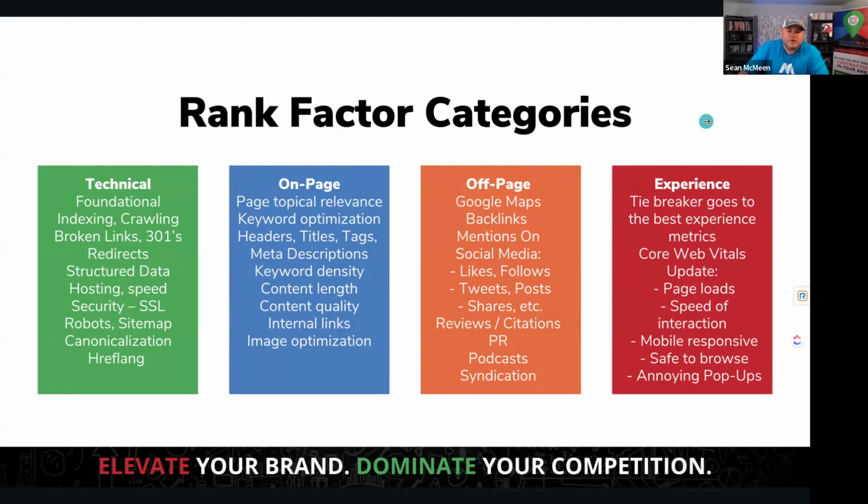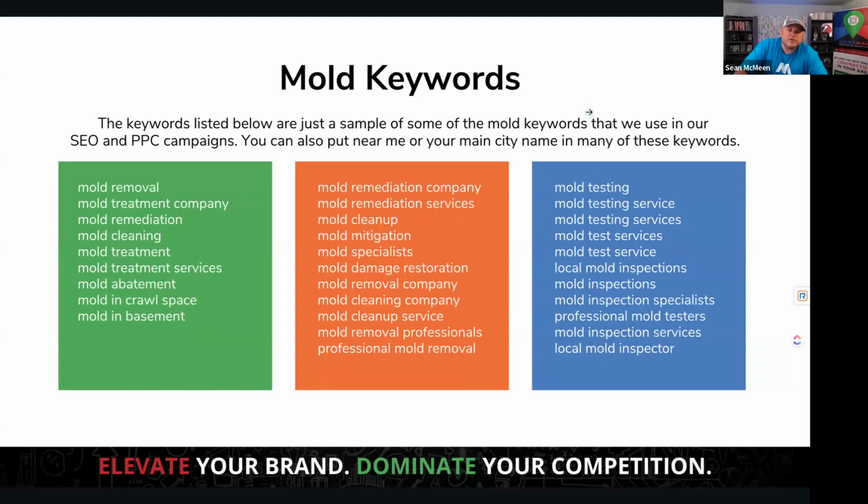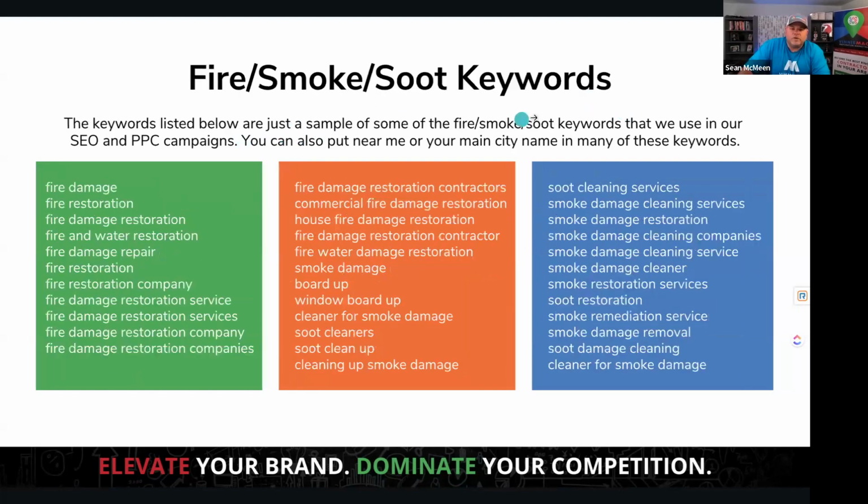And on page are the keywords. These are common keywords you want to be using in your content, your service pages, and all of those things. Whether it's water restoration, mitigation, restoration company, broken pipes, all of those sorts of keywords. I'm going to give you access to all of these keywords that we use, whether you're doing water, mold, or fire.